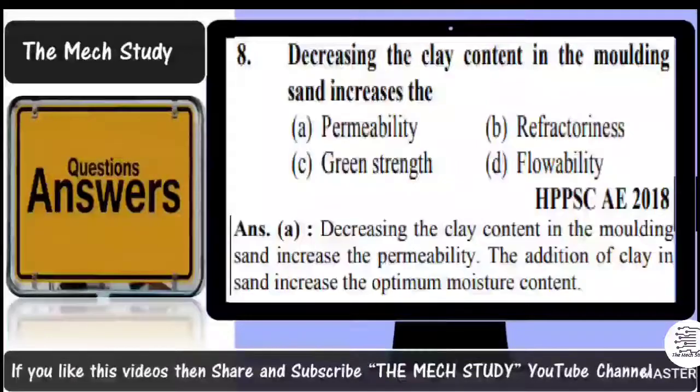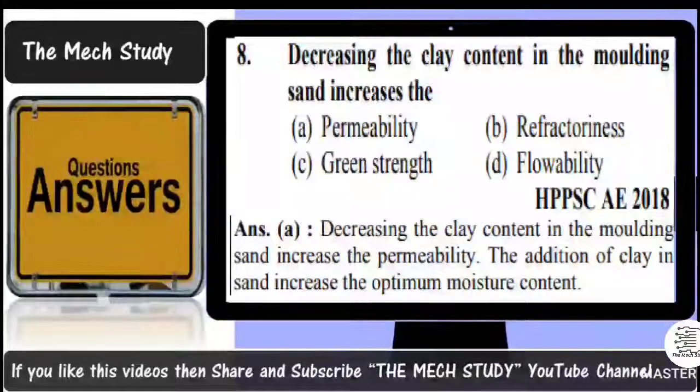Going with question 8: decreasing the clay content in the molding sand does what? Increases the permeability, refractiveness, green strength and flowability, or the other options. The right option is A because these are very simple questions. Decreasing the clay content decreases the permeability, because permeability also helps to achieve the sand at optimum moisture content.